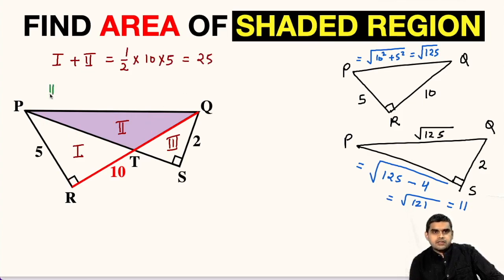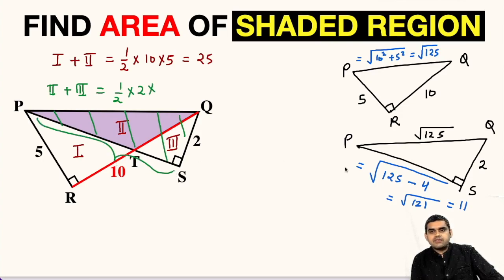Area of second triangle plus third triangle will be equal to, let us see this triangle, half times 2 times this length PS, which we found as 11 units here. So this will be 11. 2 and 2 get cancelled and it will be 11 units.